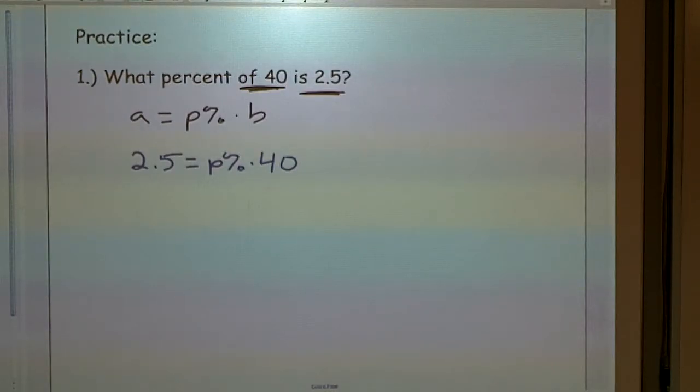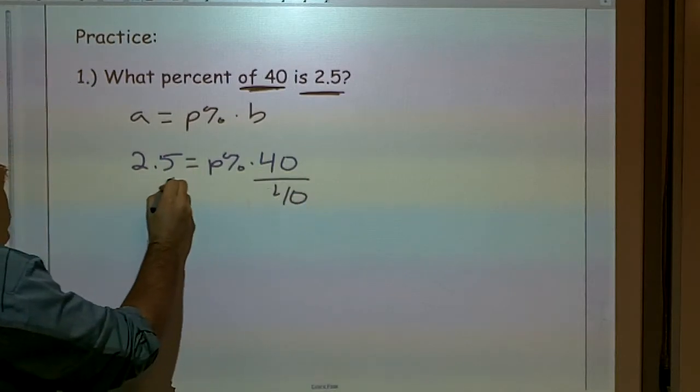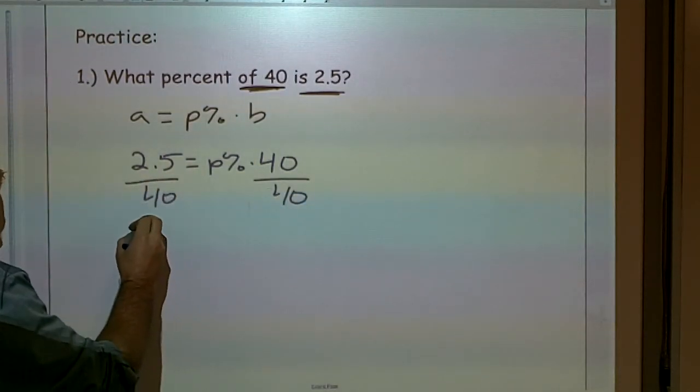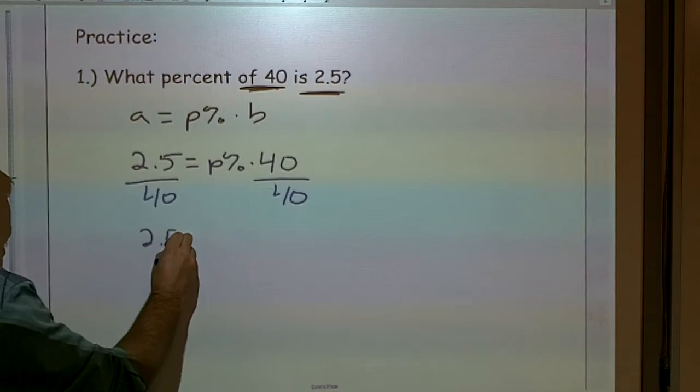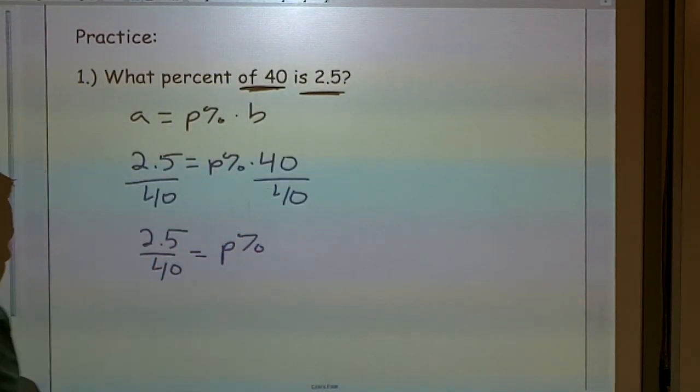And from there, it's just some algebra. Divide this side by 40, and we should get 2.5 over 40 is equal to P percent.